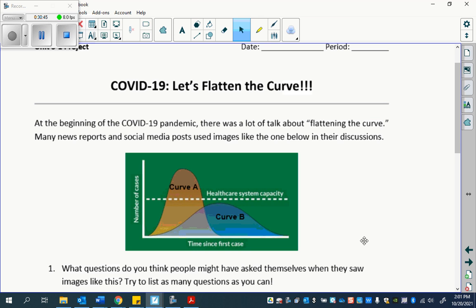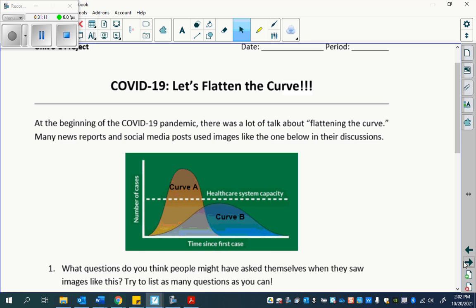It's just, if we can figure out a way to change what those values of our variables are, can we stay underneath that healthcare capacity? Can we figure out a way to get everybody the care that they need? That's what number 5 is asking you.